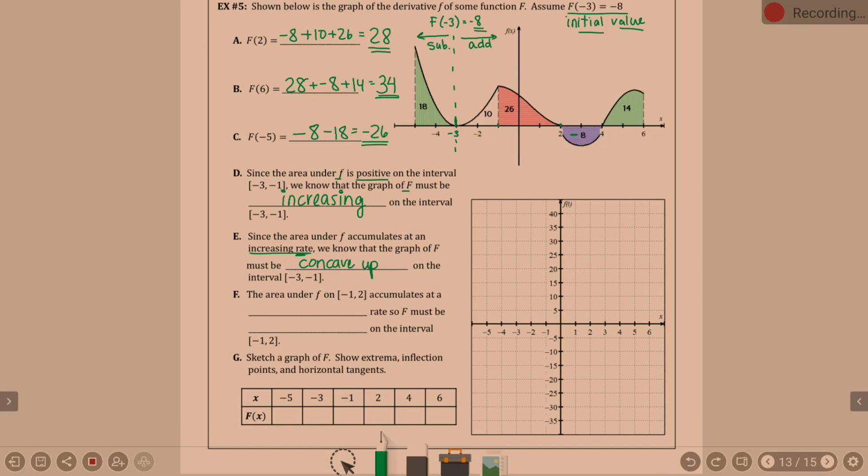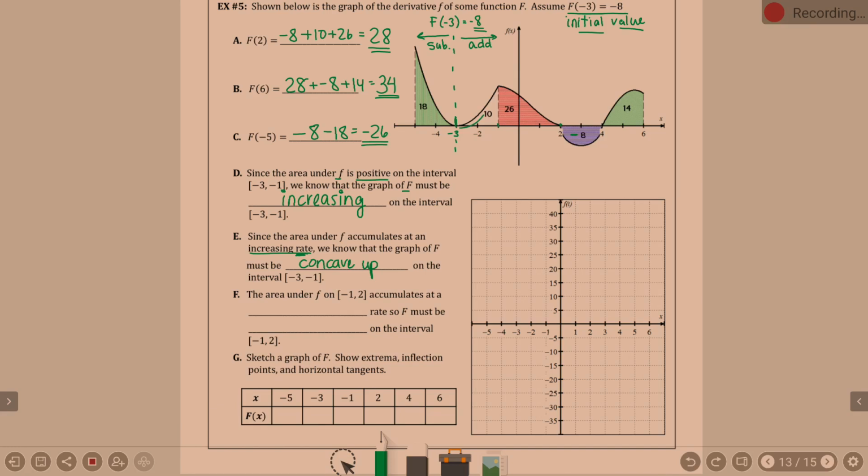Now, the area under f from -1 to 2 accumulates at a blank rate, so F must be blank on the interval -1 to 2. So from -3 to -1, we had an increasing rate.